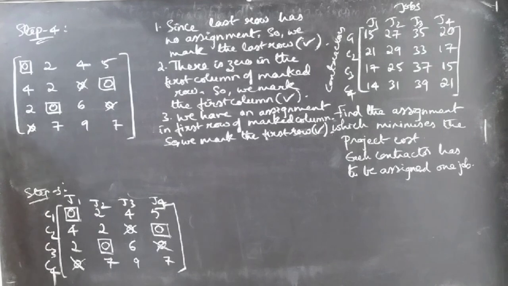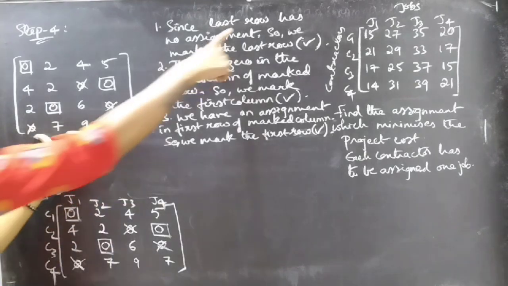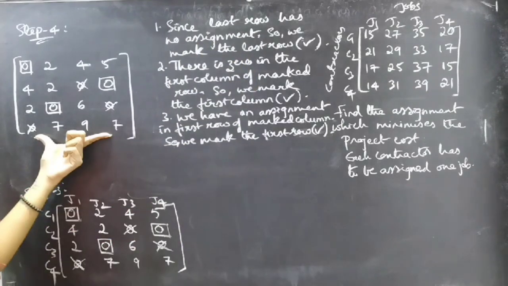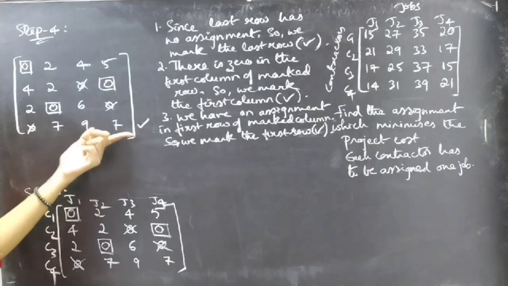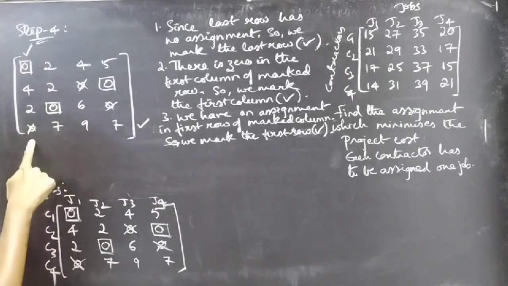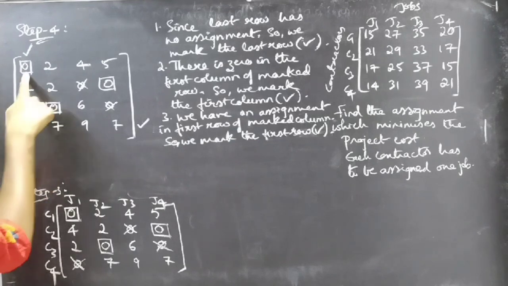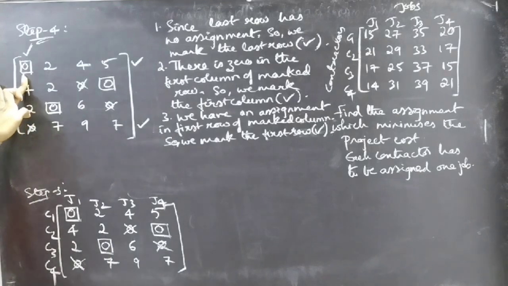Right? So here, now observe the row which has no assignment. See here, the last row has no assignment, so we'll mark the last row. Okay, and in the same row we have a 0 which exists in the first column, right? So we'll mark the first column. Again, in the marked column we have one assignment, so mark the first row.